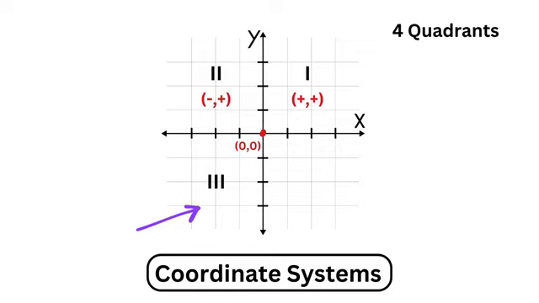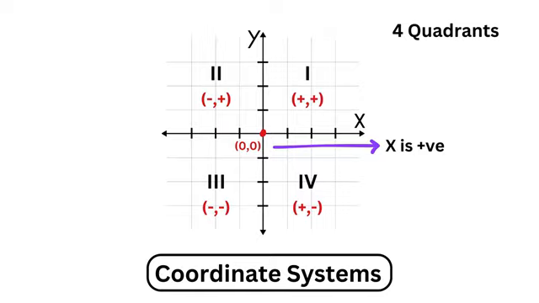The third quadrant, at the bottom left, has both x and y as negative numbers. Finally, the fourth quadrant, at the bottom right, yes, you guessed it right, has x as positive and y as negative numbers.